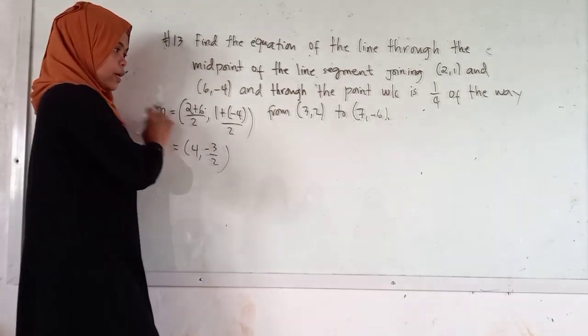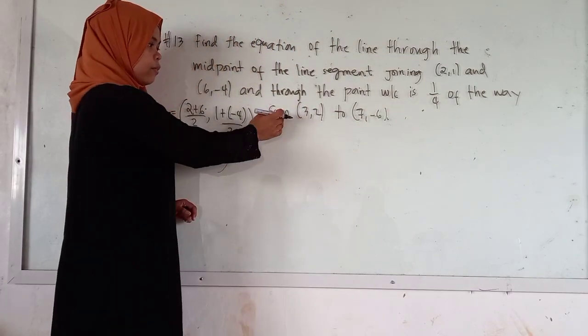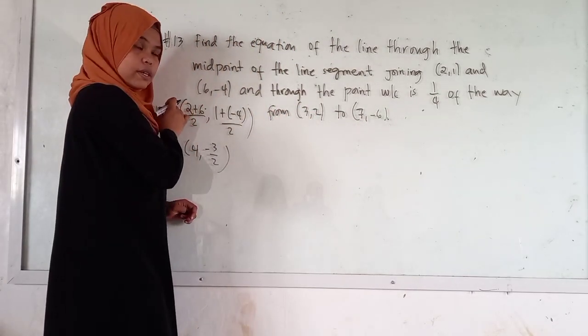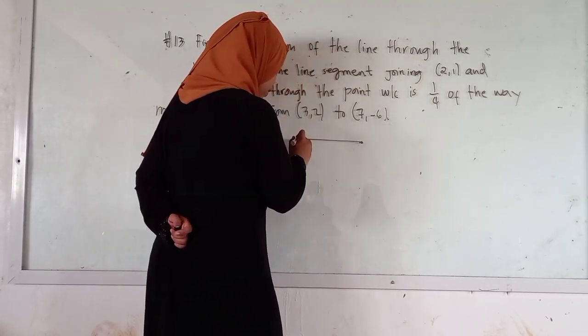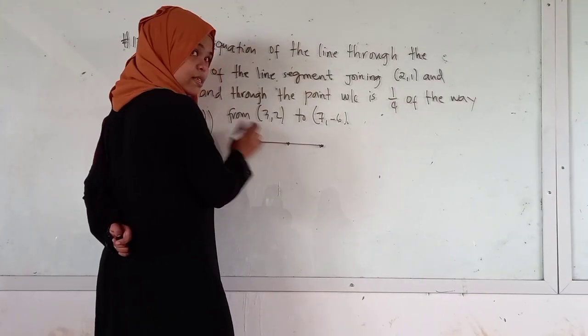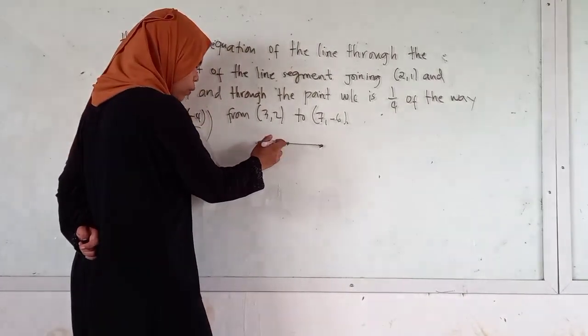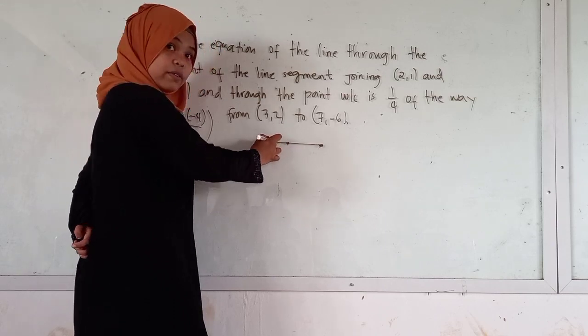My problem now is, ano ba itong 1/4 of the way from 3 to 7, negative 6? For example, I have this segment. Ito yung points ko, for example. Diba yung dito, that is the midpoint. Kung kukunin ko na naman yung midpoint nitong dalawang to, ito yung 1/4 of the way.